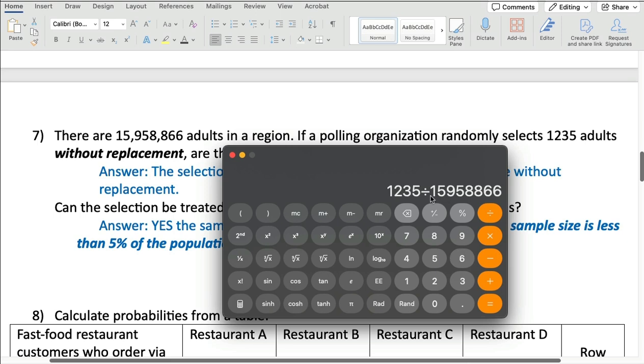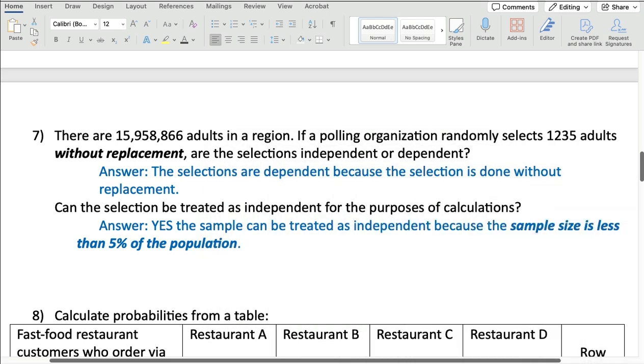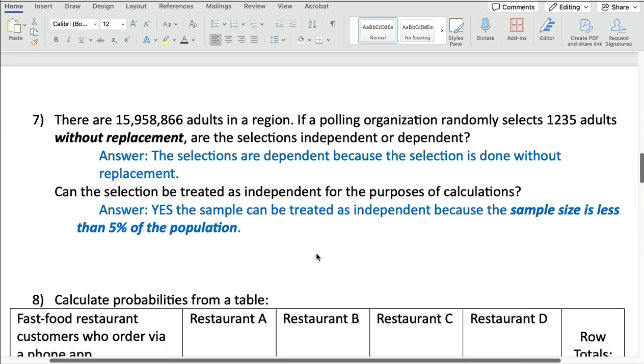I'm just dividing now, and we get a very, very small decimal. 5% would be 0.05 here. So this is much smaller than that, which means the actual impact of the second adult on the first adult, if it's a random selection, is so minimal that it's basically zero.